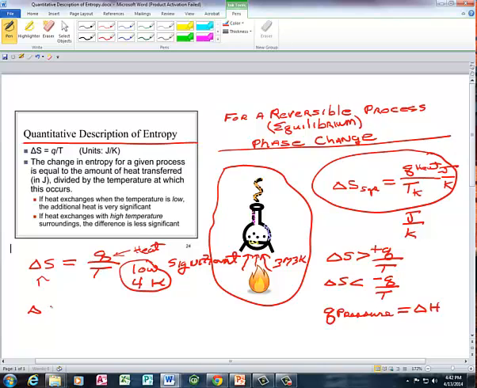On the other hand, if the system is already at a high temperature, it is already maxed out in its entropy, so if we add heat, that heat just sort of disappears into that highly disordered system. So if we have a high temperature, any additions of heat are not significant. If we have a low temperature, any additions of heat will be significant.